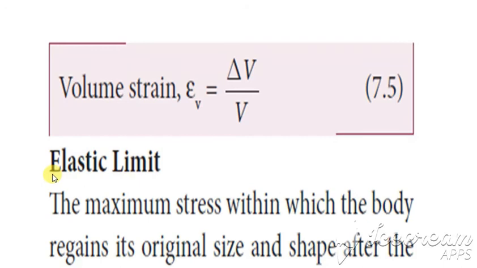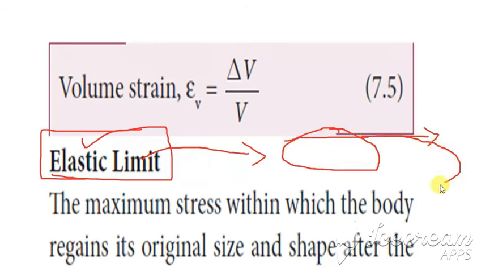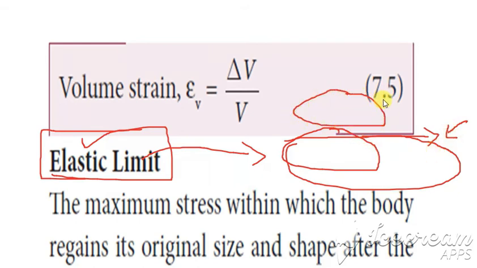What is meant by elastic limit is that beyond a certain limit, this elastic property will not be there. First we have seen what is meant by elastic. Suppose a deforming force is applied, the elastic body elongates, and then when you leave the deforming force, it comes back to its original position, isn't it? The example is a rubber band.